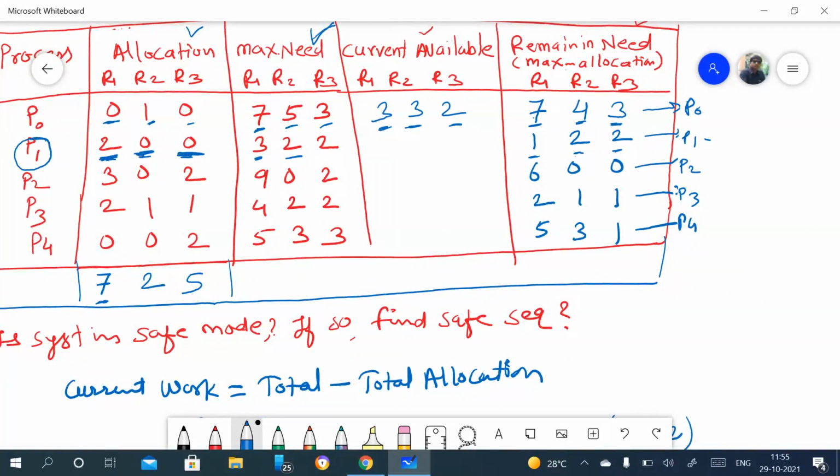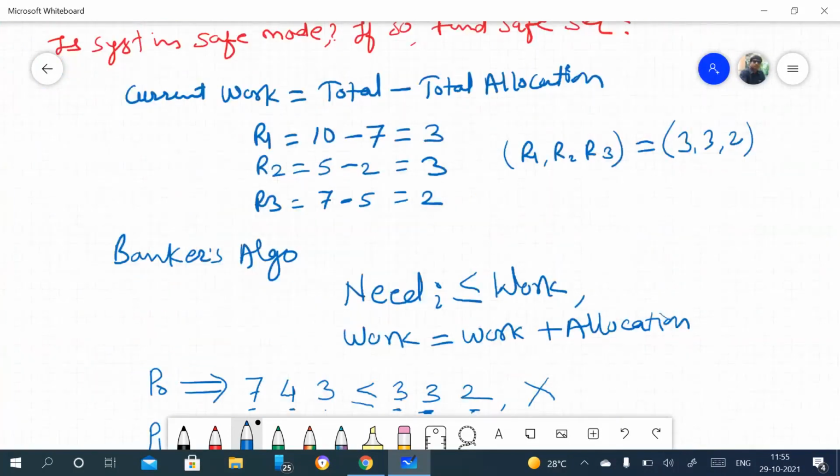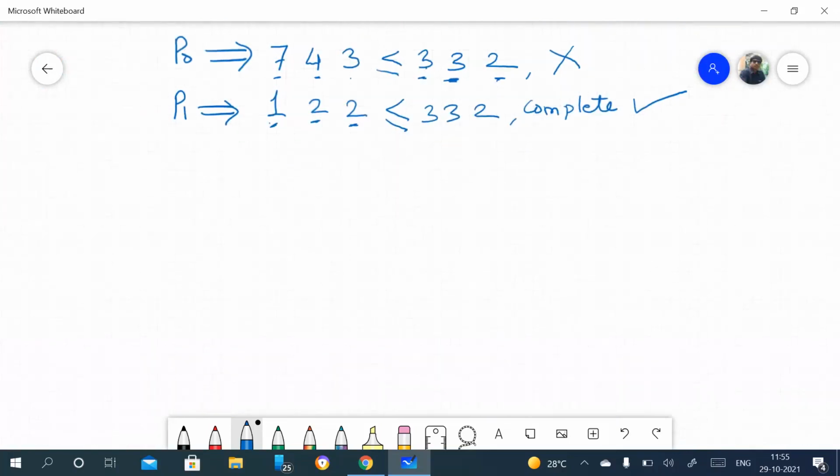Now we can add these resources into this 3, 3, 2, so that the number will be increased. So I'll write in short here. We have 3, 3, 2, and the P1 process has released the resources 2, 0, 0. So what is this? This is 5, 3, 2.